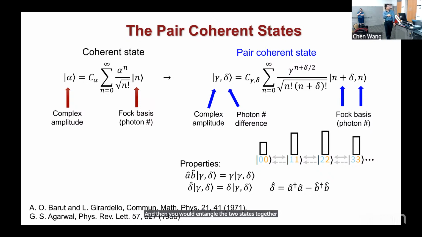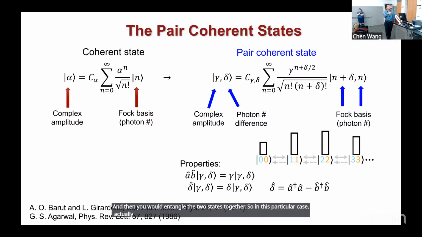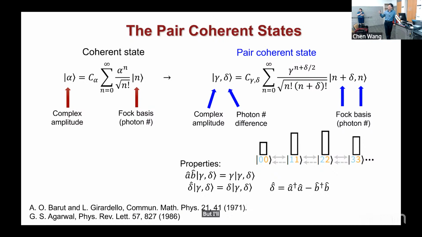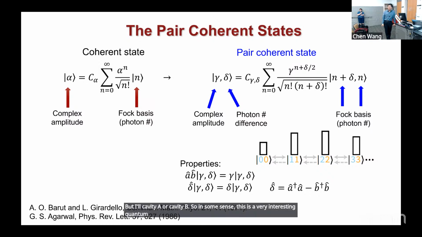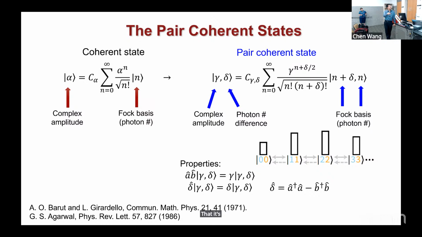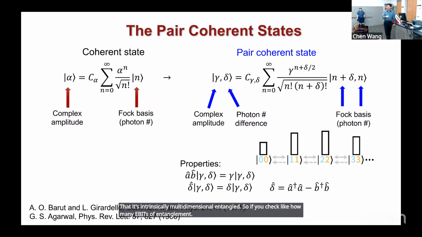In this particular case, the phase of gamma is imprinted between pair photon numbers, so you cannot distribute it into a phase in A or a phase in B. In fact, it's indistinguishable whether you put it on cavity A or on cavity B. So in some sense, this is a very interesting quantum optical state that is intrinsically multidimensionally entangled. If you check how many e-bits of entanglement, this is more than a Bell pair between the two cavities.